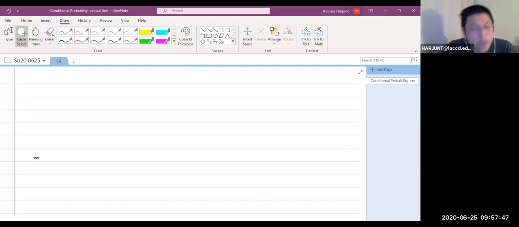In your test 1, you may see the easy version, which may not be easy if you don't study, of course. But if you study just a little bit, with some basic understanding, you should be okay. The Venn diagram and the contingency table case. But conditional probability for sure will be in your test 2. Whether it is the hard one or the easy one depends on whether you have the easy one in your test 1.